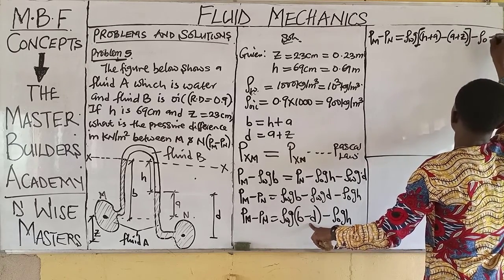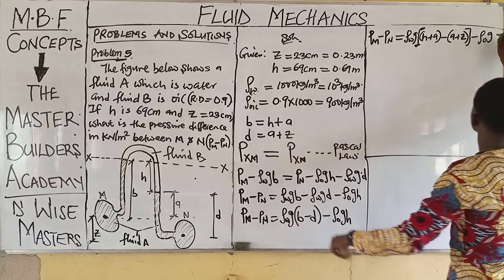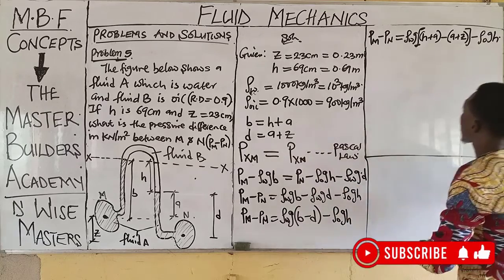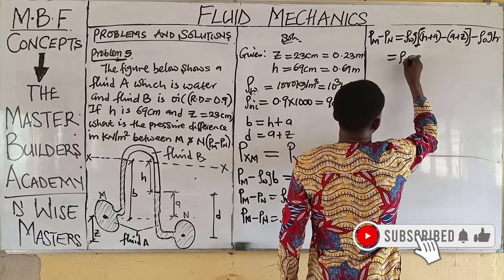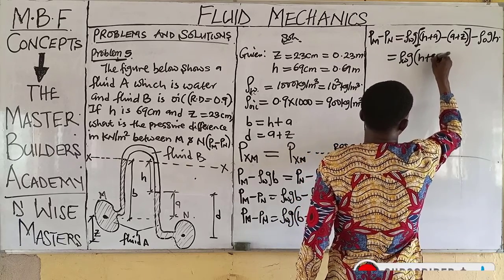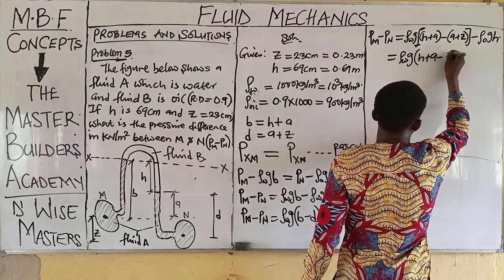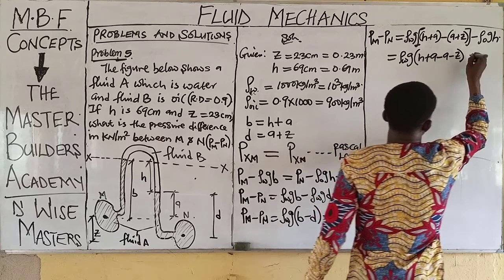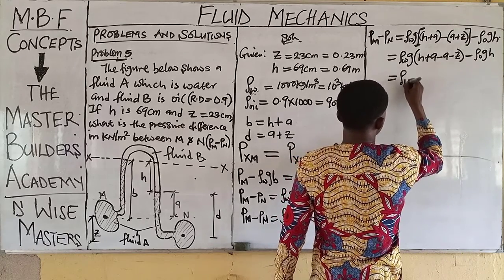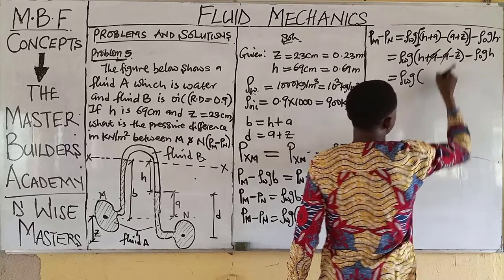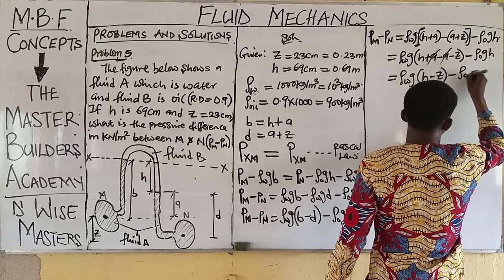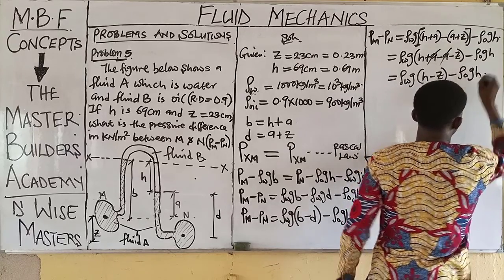Then minus rho of oil, density of oil multiplied by acceleration due to gravity multiplied by the depth, which is H. Now, we have density of water multiplied by H. When we remove the bracket, this becomes H plus A minus Z, minus rho of water G H. And A takes care of A. We have H minus Z, minus density of oil multiplied by the depth.